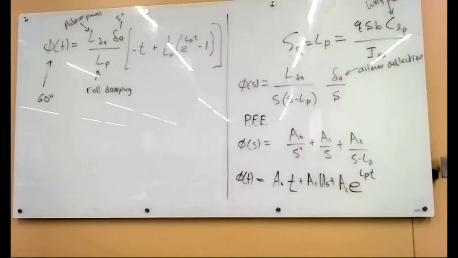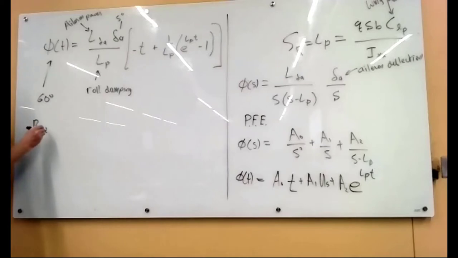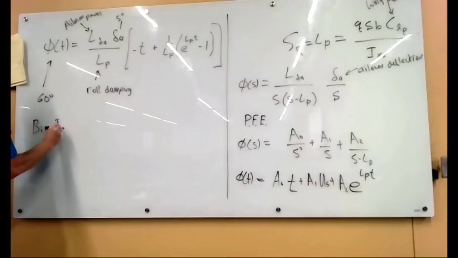Let's see, we need to calculate the bizjet for this. So the bizjet now, I'm just going to calculate the time constant, or actually just the root.